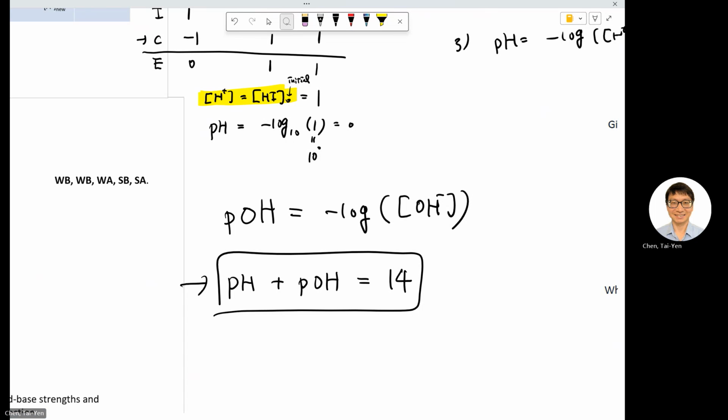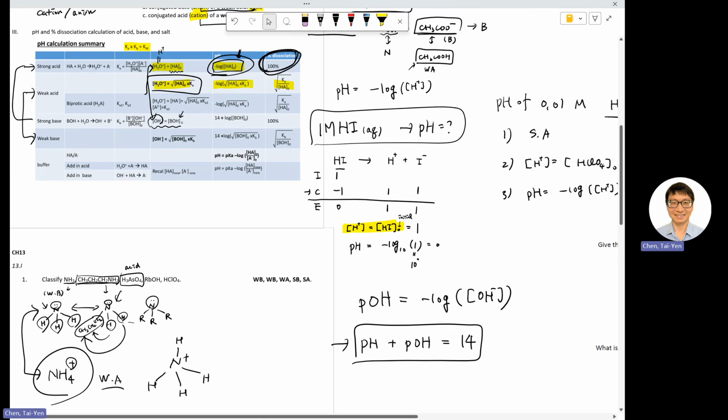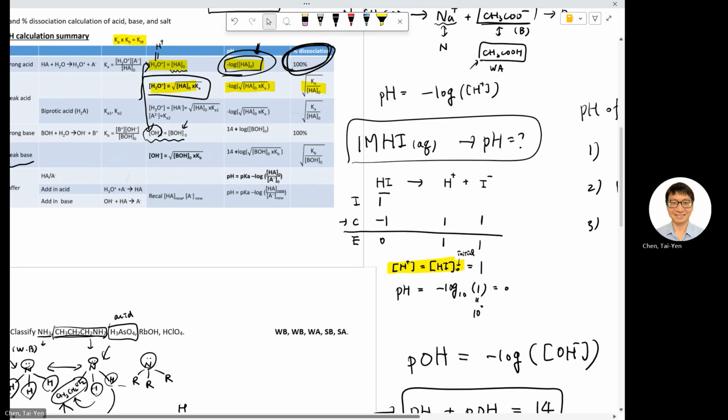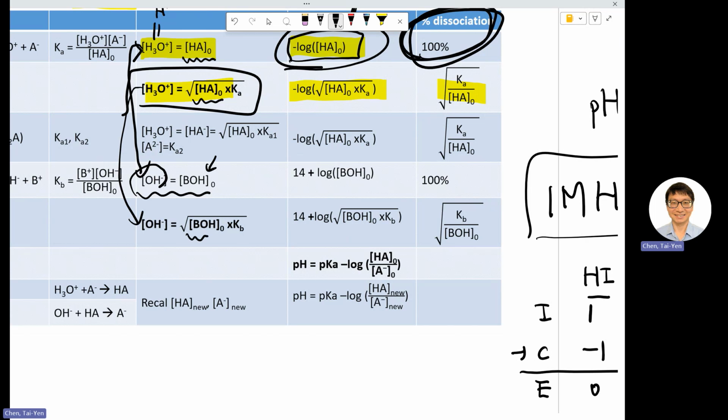All right. The very last thing I want to talk about today is this. If today you have a weak base, then what we do is replace the H plus with OH minus. We replace the initial weak acid concentration with the weak base concentration.